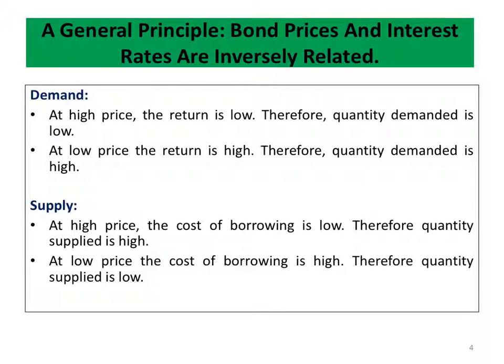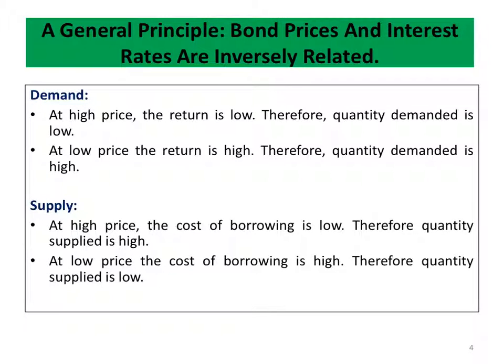For the lender, the higher the price, the lower is the return, and so the lower is the quantity demanded. And the lower is the price, the higher is the return, and so the higher will be the quantity of bonds demanded. By contrast, for the borrower, the higher is the price, the lower is the borrowing cost, and therefore the higher is the quantity supplied.